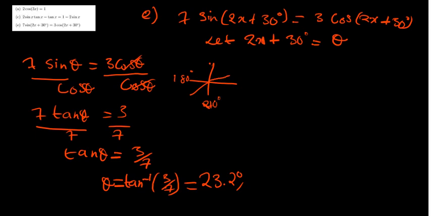Then the angle we have found is 23.2, and we are finding this other angle. We know that from here up to here is 180, and this angle is equal to that angle. So you just say 180 degrees plus that angle, or you can consider it as the angle exceeding 180 degrees.